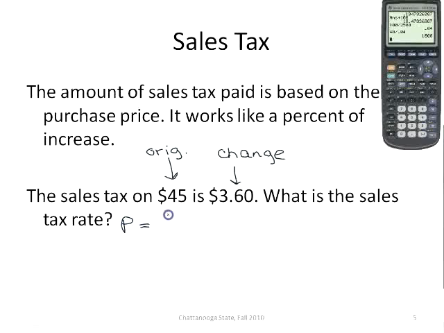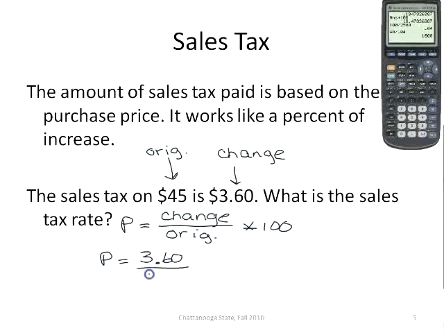So our formula, P equals the change over the original times 100, would be P equals $3.60 divided by $45 times 100.